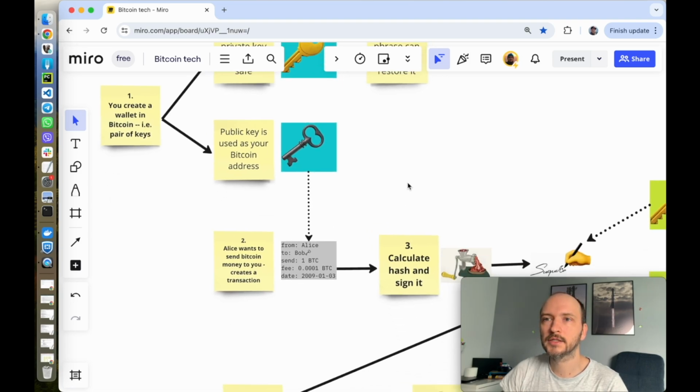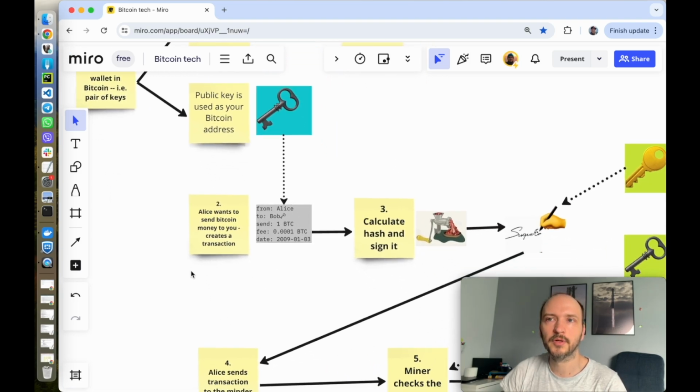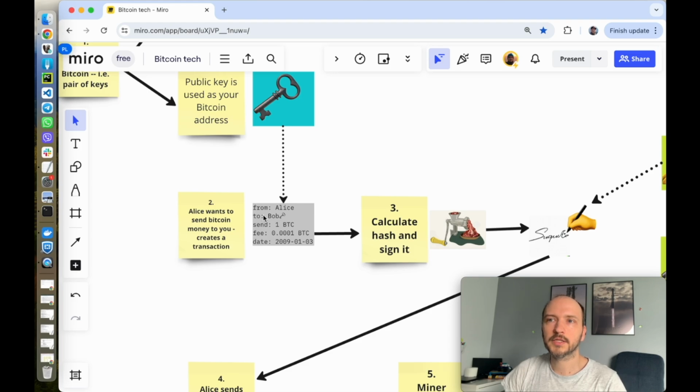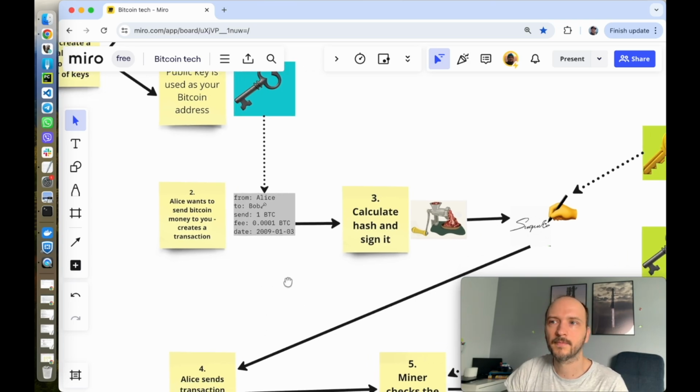What happens next is that, for example, Alice on step 2 wants to send you Bitcoin money, and she creates a transaction. It is basically done by a client application, and the application writes that it's from Alice, and Alice's address will be here, to Bob's address will be here. For example, you're Bob here. Then she sends 1 Bitcoin with this fee, with this date, so this is a transaction.